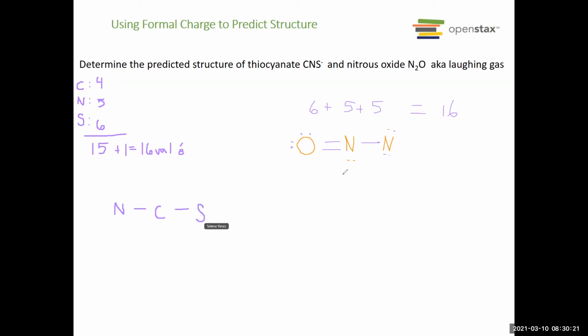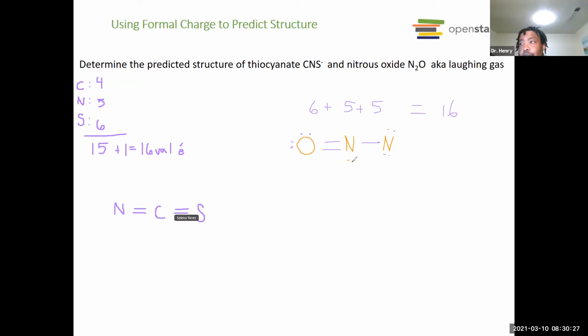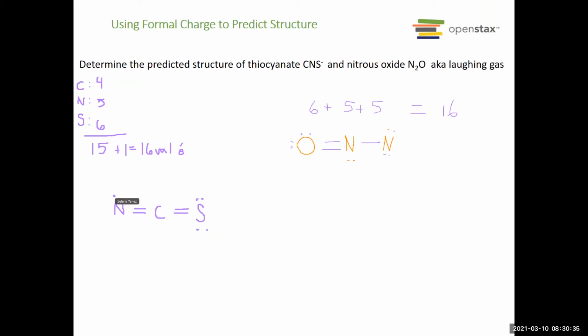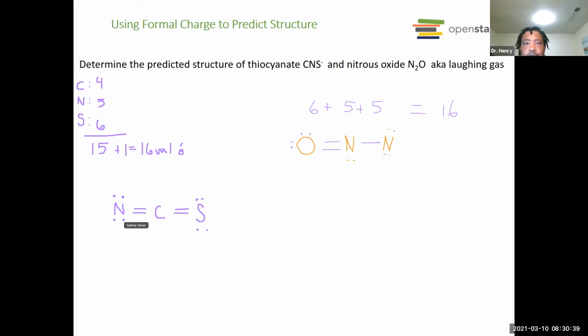8. Okay, and then how many around this nitrogen? 4. Sorry, 8. Okay, but this one has only how many? 6. Okay, so we want to do a little more maneuvering. How about we move these two between the two nitrogens?